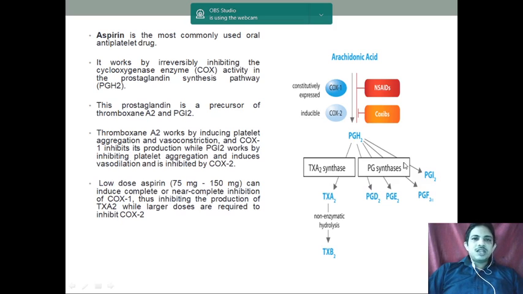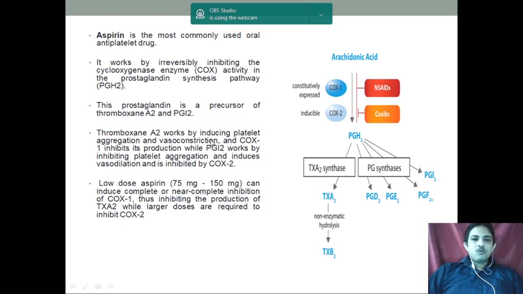Aspirin is one of the most commonly used antiplatelet drugs. It works by inhibiting the COX activity, so there is no production of PGH2. If PGH2 is inhibited, there will be no production of thromboxane A2 and B2.